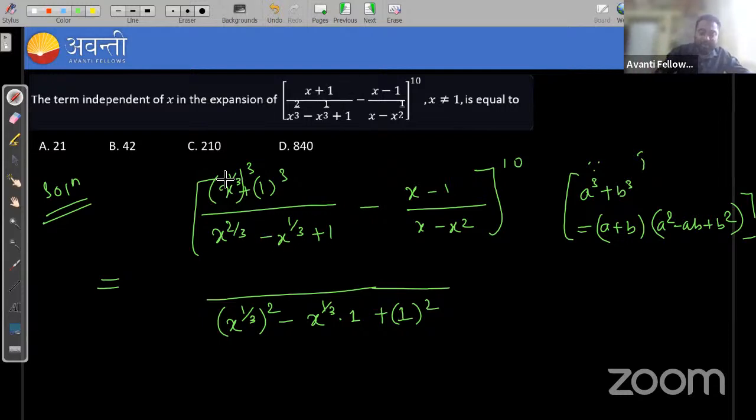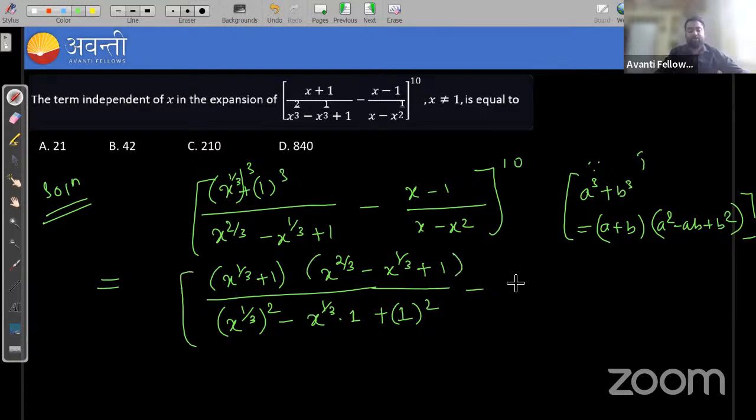So in place of a cube plus b cube, that is x to the power 1 by 3 to the power 3 plus 1 cube, we can write this as x to the power 1 by 3 plus 1 into x to the power 1 by 3 whole squared, that is 2 by 3, minus ab, that is x to the power 1 by 3, plus b square, that is 1 square. Yes or no? We can write or not?